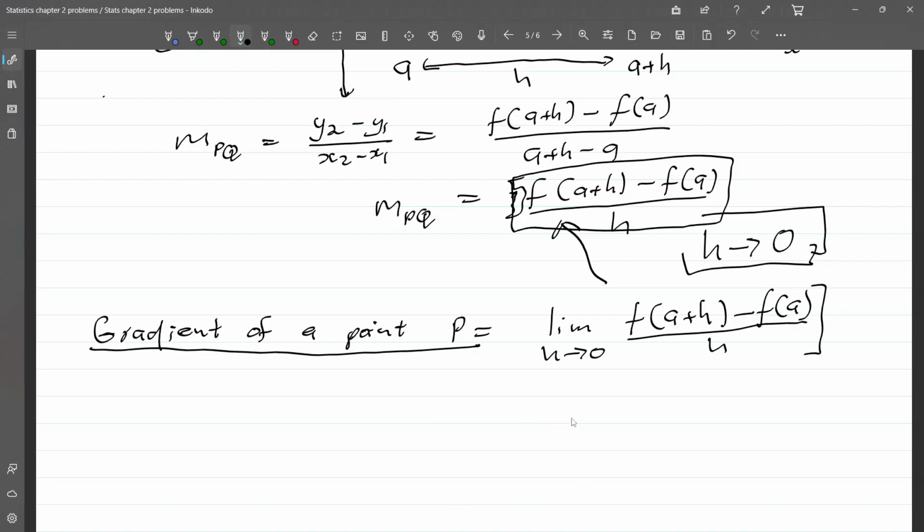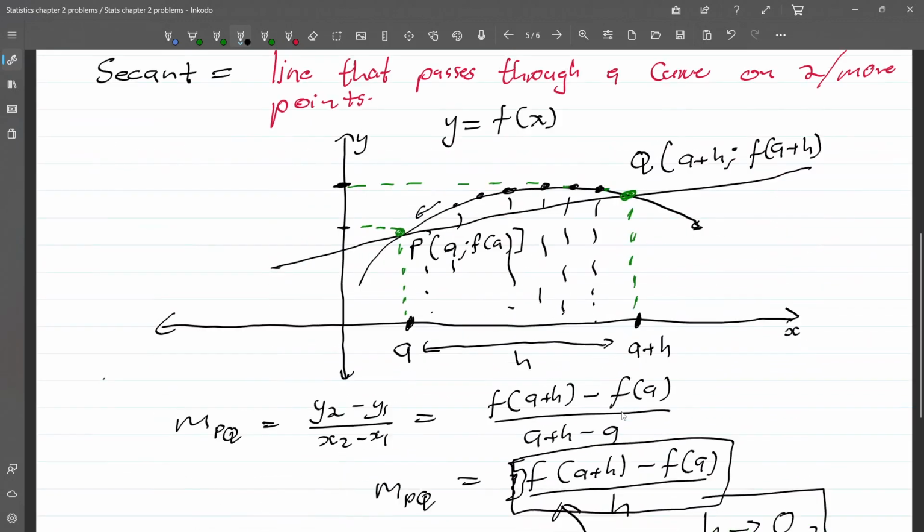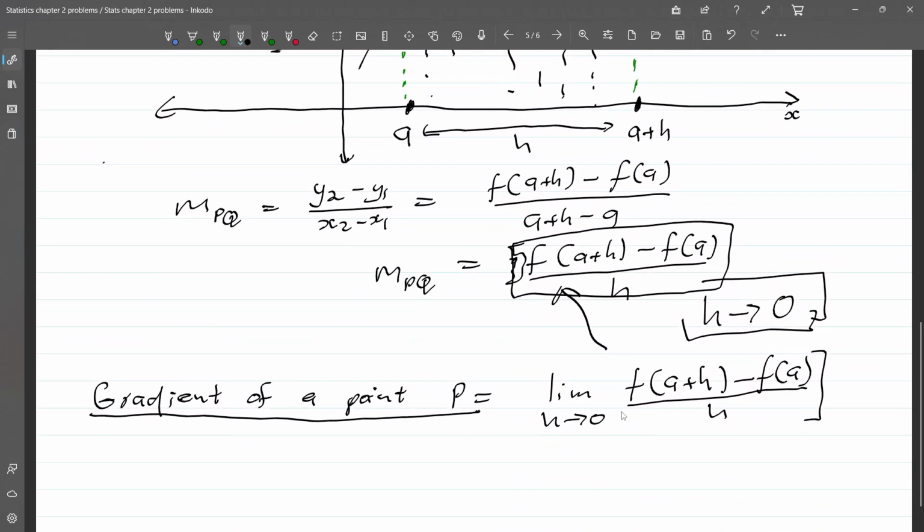So that is the end of our section 1. Let's just do 3 exercises and we'll be done with this section.